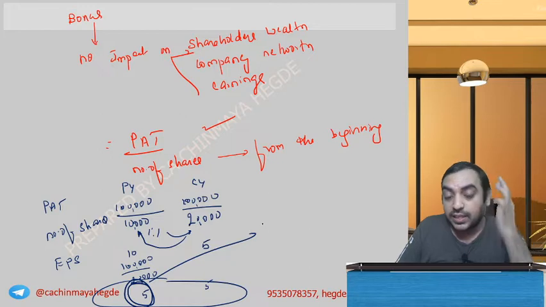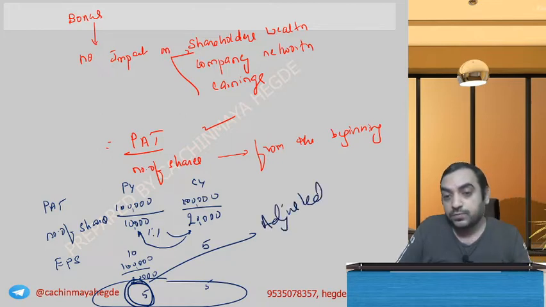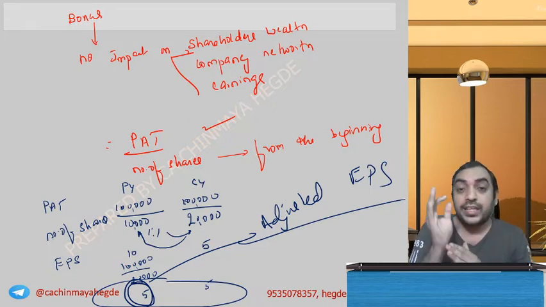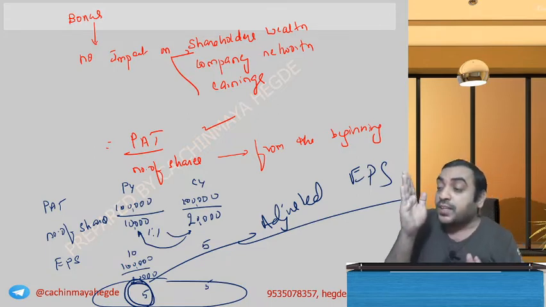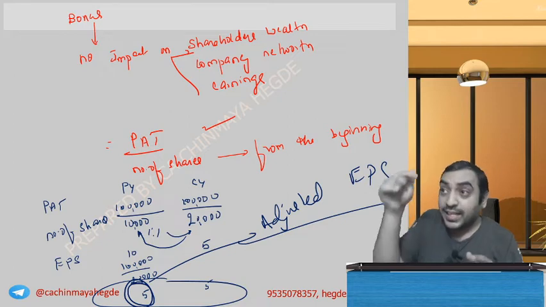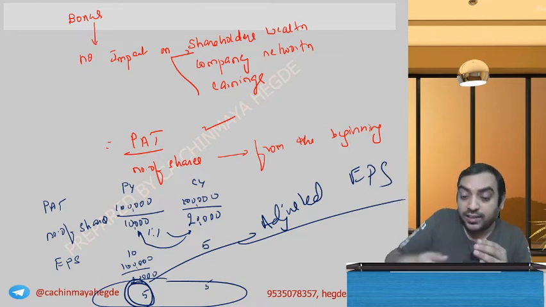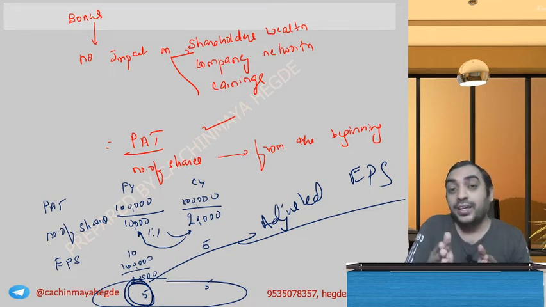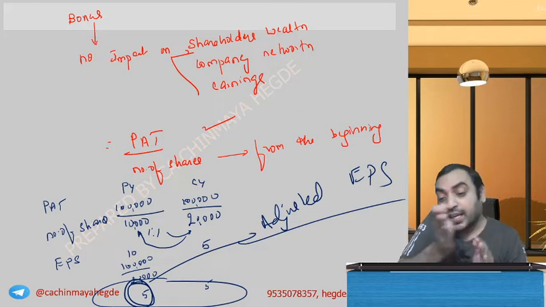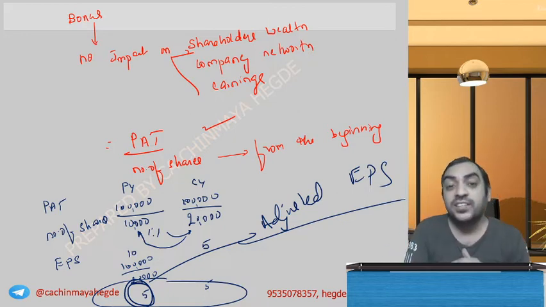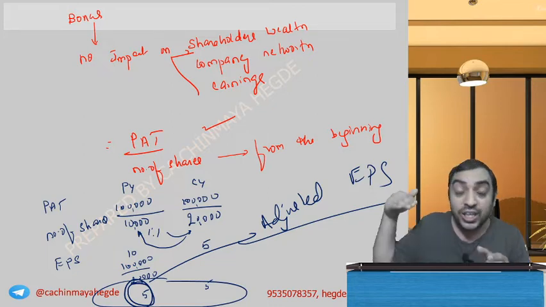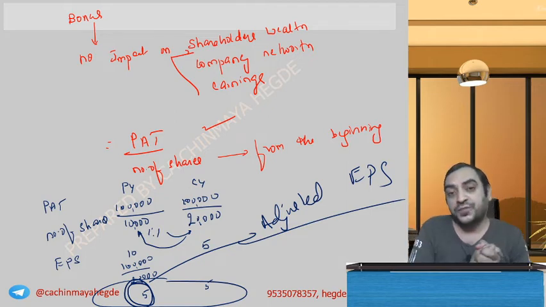That's called adjusted EPS. So adjusted EPS means it's an amount relating to the previous year, but in the current financial statement, restated for the purpose of better and meaningful comparison with current year EPS for events such as bonus shares, right shares, etc., which don't have any source of finance for the company.